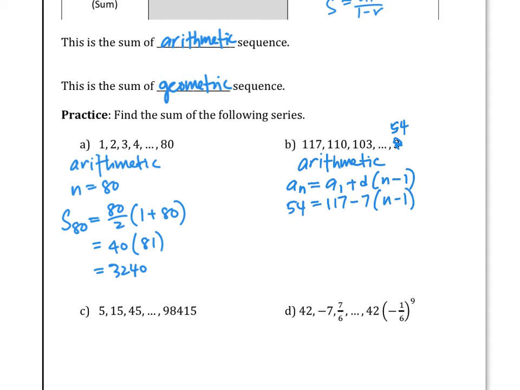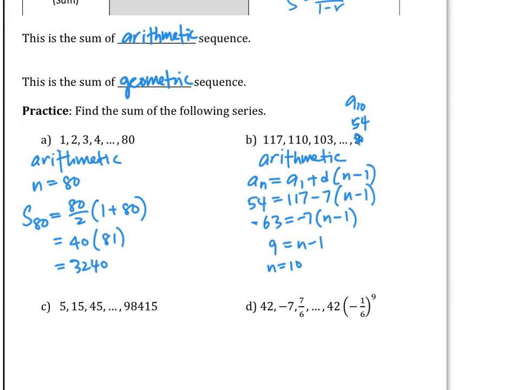So we take 54 minus 117. Negative 63 equals negative 7 times n minus 1. Divide by negative 7, you get 9 equals n minus 1. So n is 10. So that means 54 is the 10th term. So there are 10 numbers.